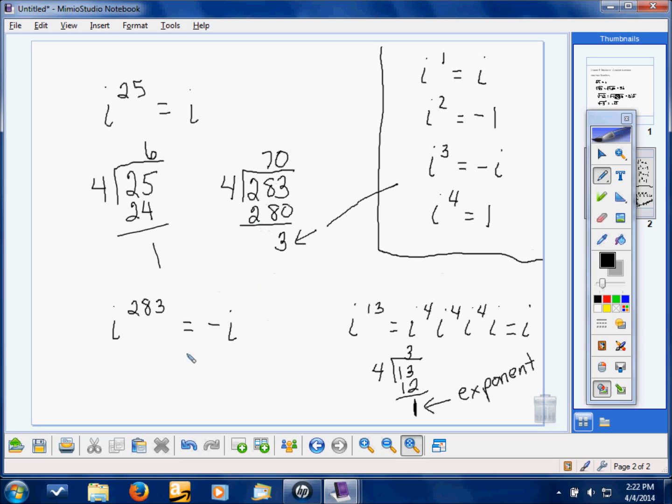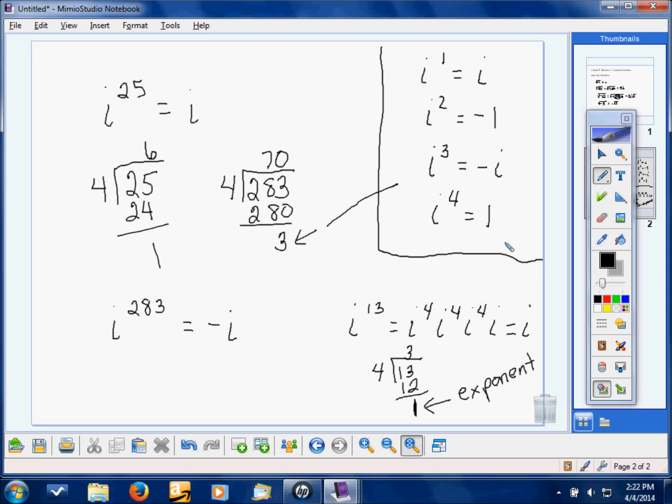If I hadn't gone through that whole process, you'd be going, this makes no sense. But you divide it out, and however much is left over tells you which one of these is your answer. There's only 4 possible answers for a power of i. It's like multiple choice.